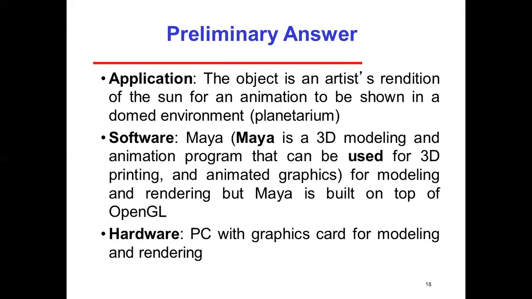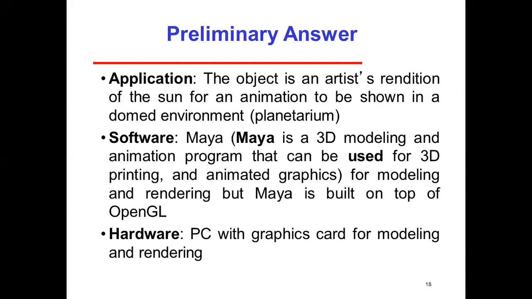Maya is nothing but a software based on computer graphics in which we can develop 3D models. We can do all types of modeling. So Maya is a 3D modeling and animation program. We can develop animation that can be used for 3D printing and animated graphics for modeling and rendering. Maya is built on top of OpenGL.